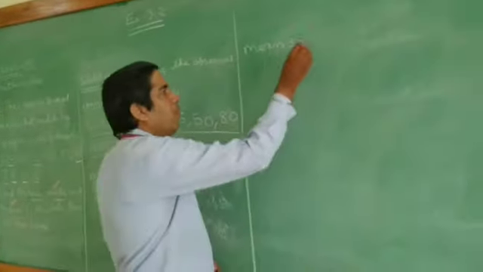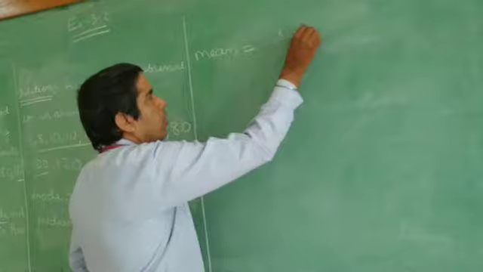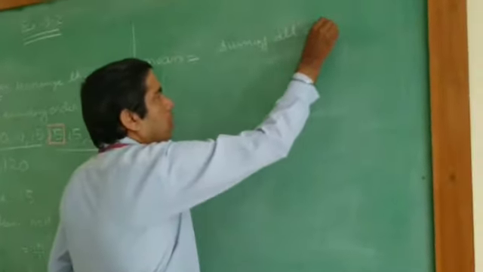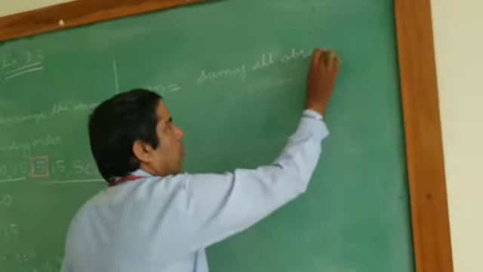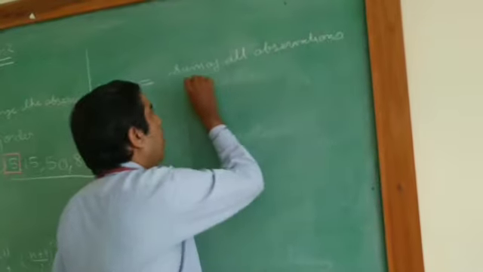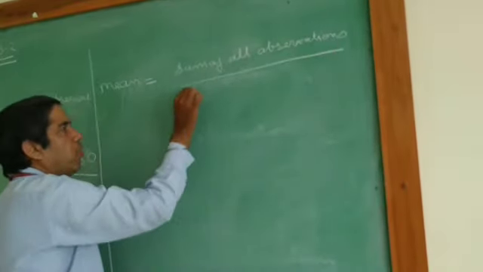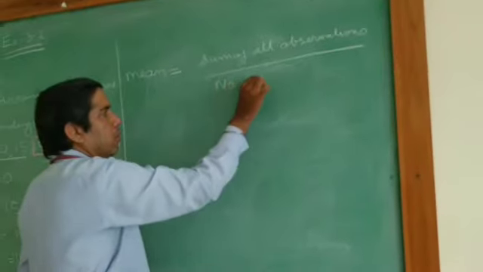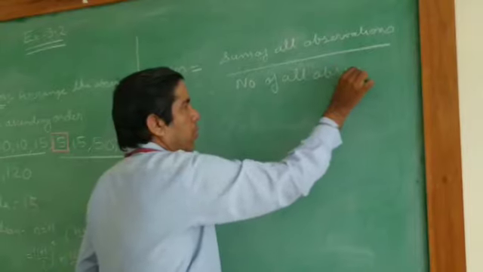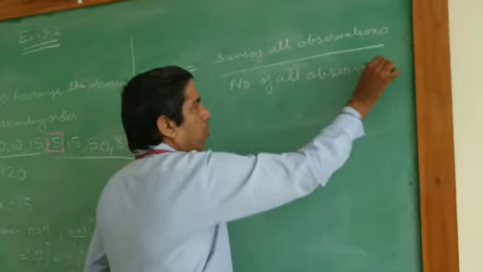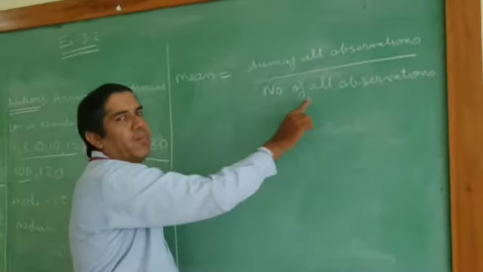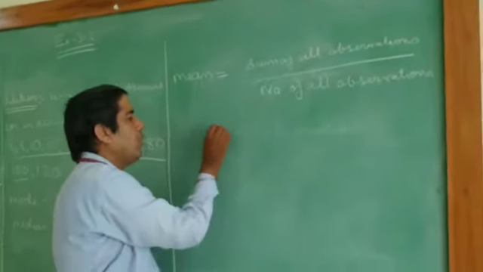Mean is equal to the sum of all observations upon the number of all observations. That is the formula of mean.